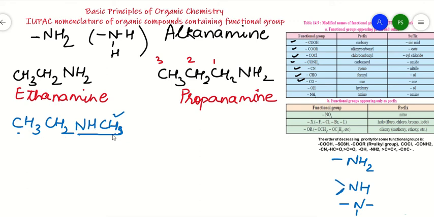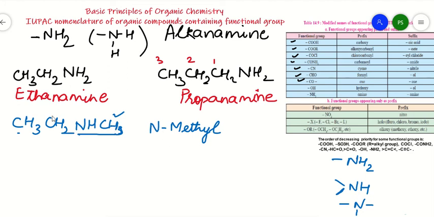When the hydrogen on nitrogen is replaced by an alkyl group, we give the position of that alkyl group as N-alkyl, or N-methyl, because methyl is present on the N position.